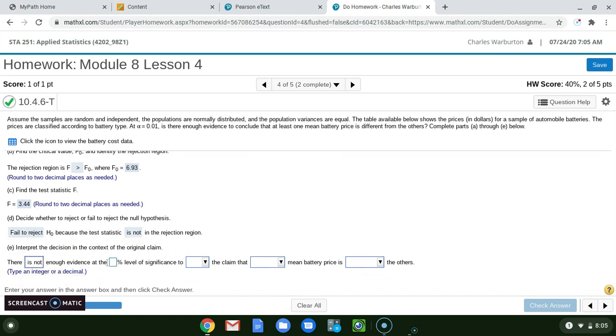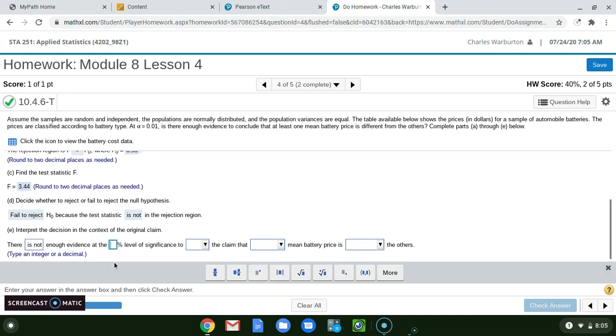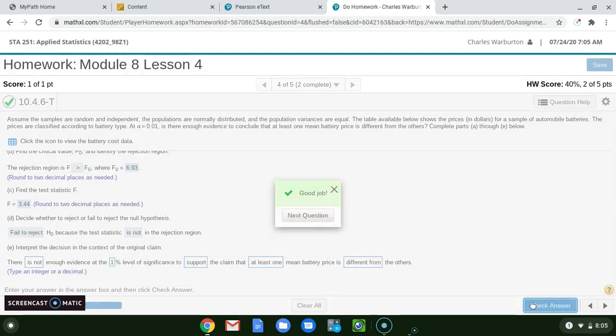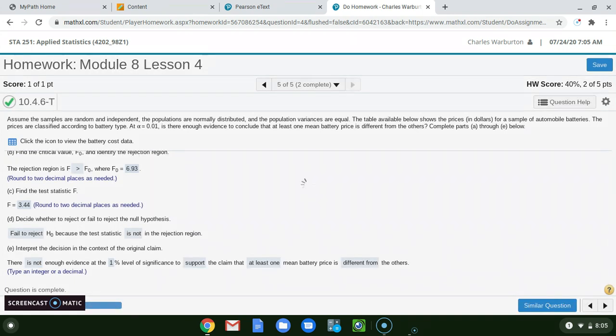There's not enough evidence at the 1% significance level to support the claim that at least one battery price is different from the other. Okay. So that's good to go on number 4.